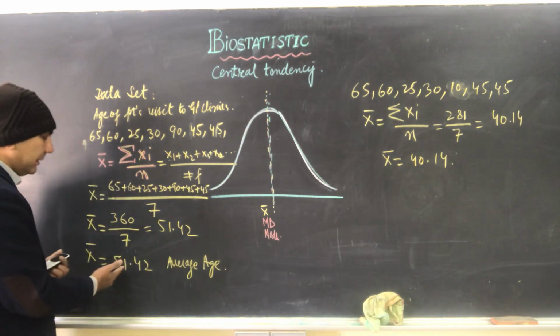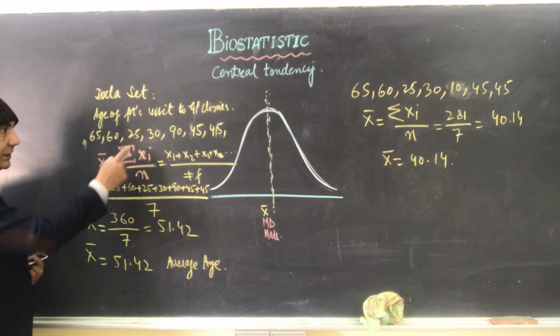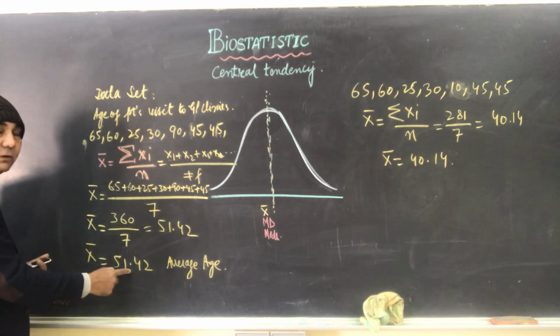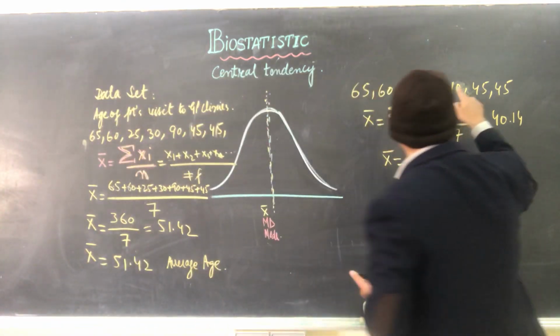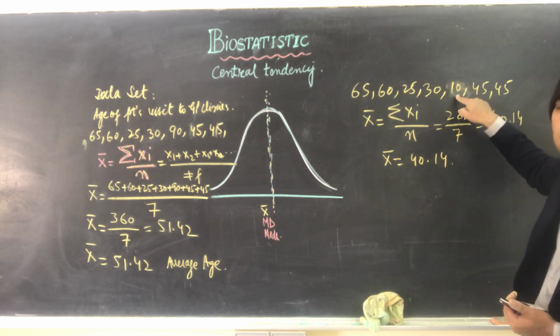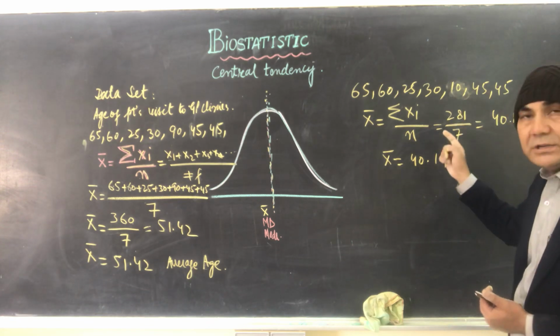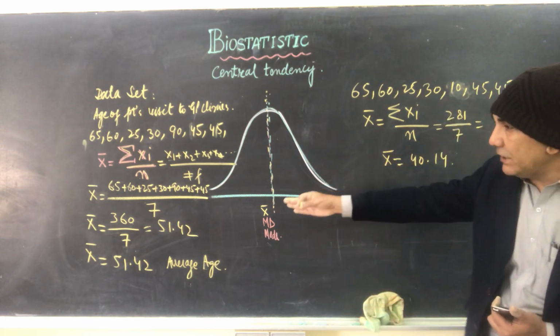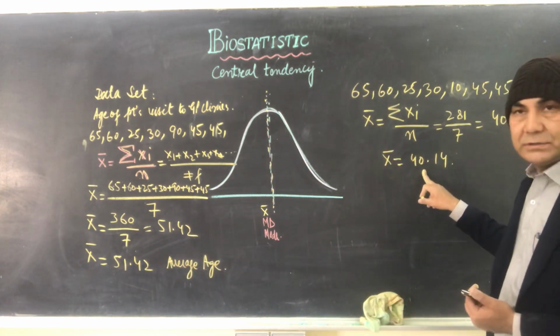Here we had come up with a mean age of 51.42 years. When we replace the 90 years by 10 years, the extreme value of the lowest data set, it pulled down the average mean from 51 years to 40 years.